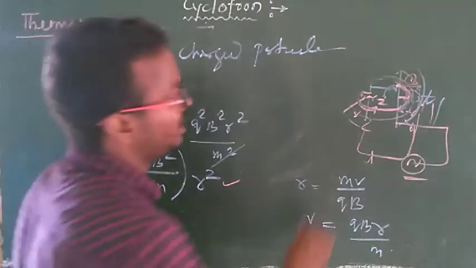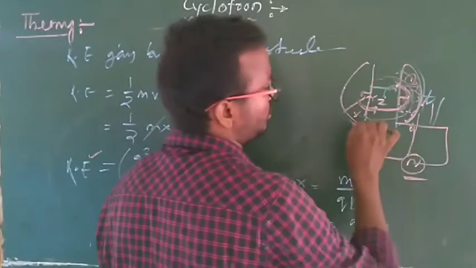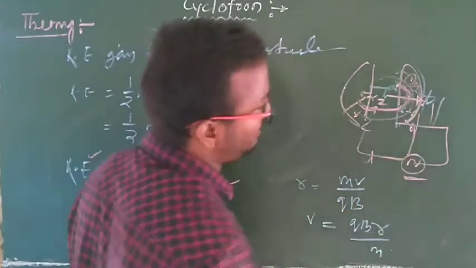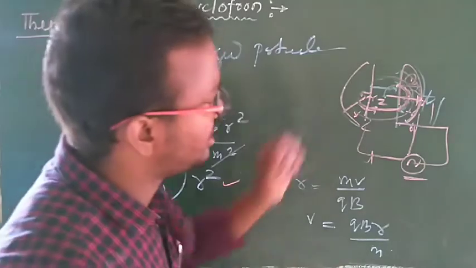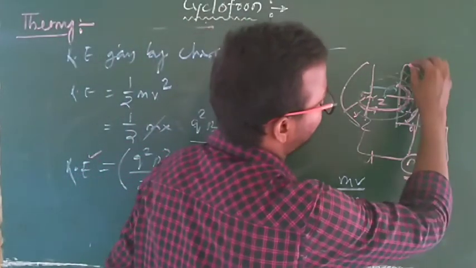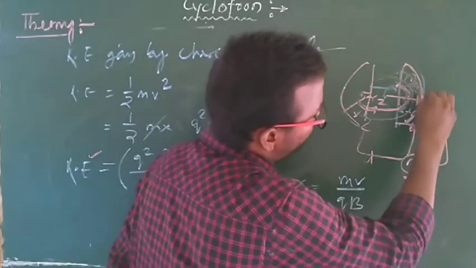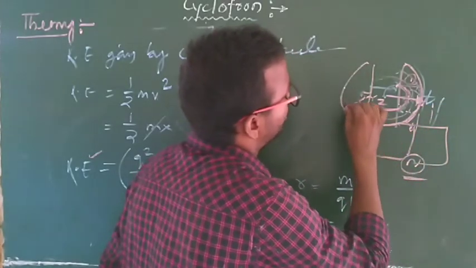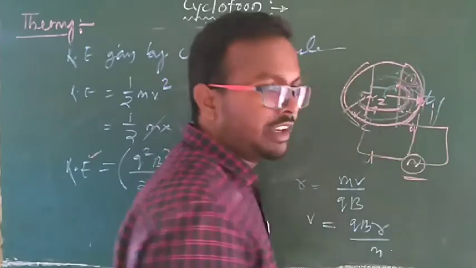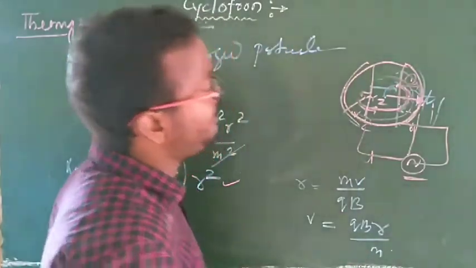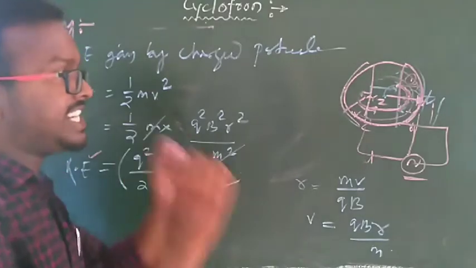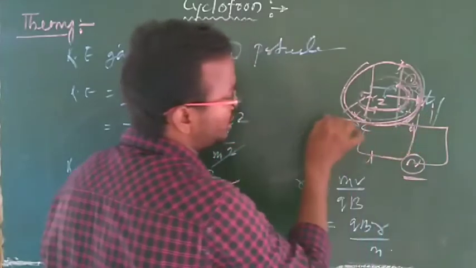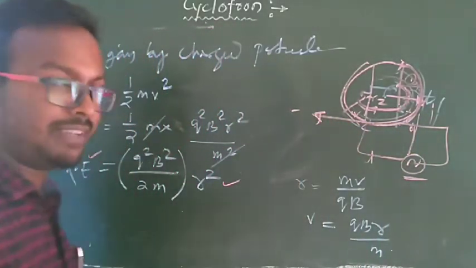So when the charge particle accelerates to the maximum radius or maximum circular path, that means when it reaches the periphery of the cyclotron, it possesses maximum kinetic energy, and it comes out through the window and hits the target with maximum kinetic energy.